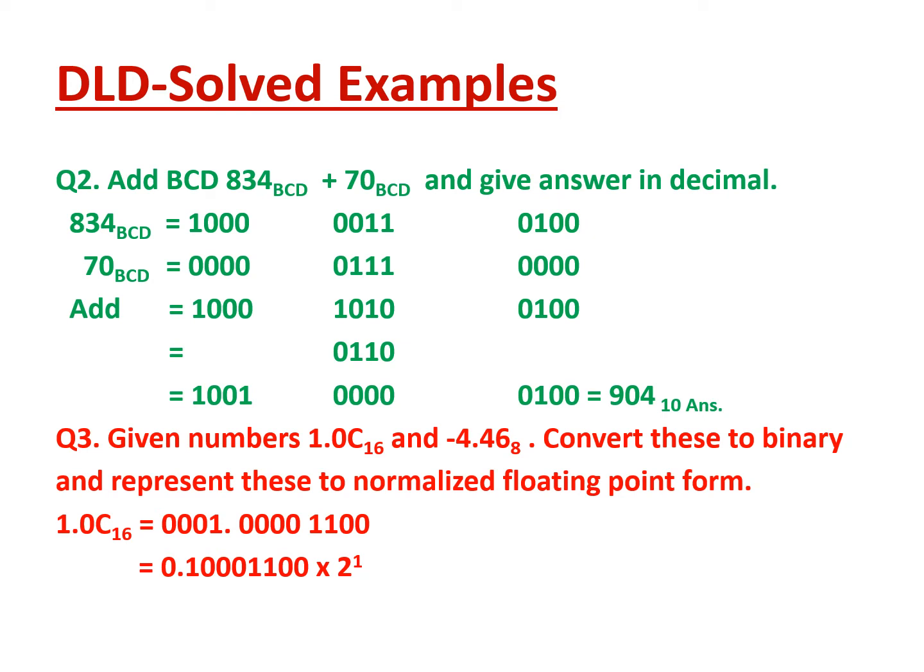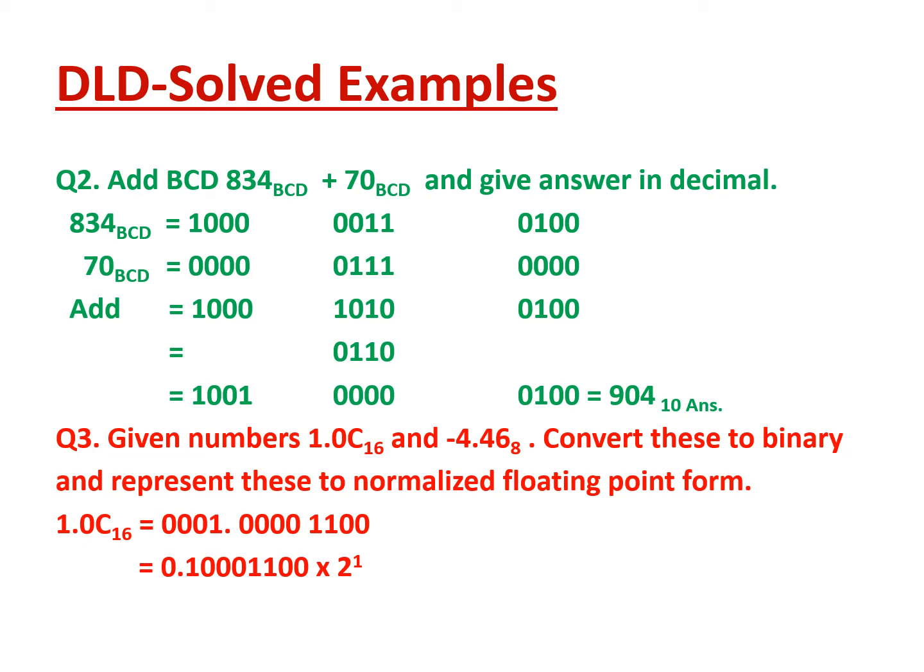But 1010 is 10, and we said that a BCD digit can be from 0 to 9, not 10. So whenever you confront this situation, where the number is not actually a BCD number, you add 0110, and that is the correction factor. And of course you take the carry to the next neighbor.